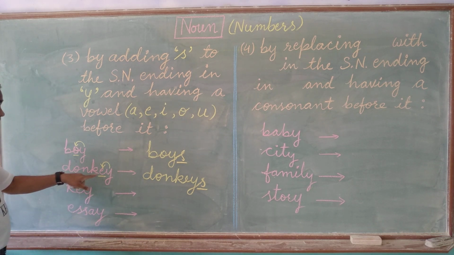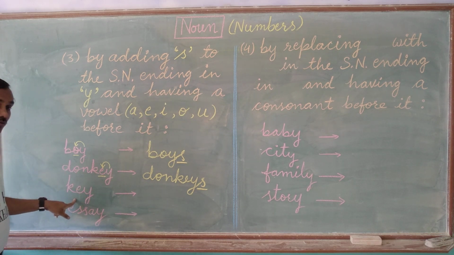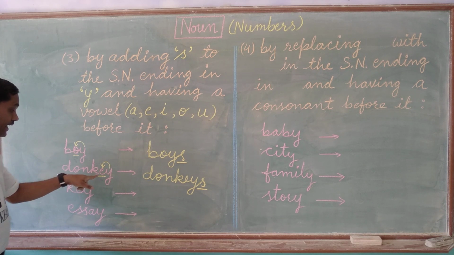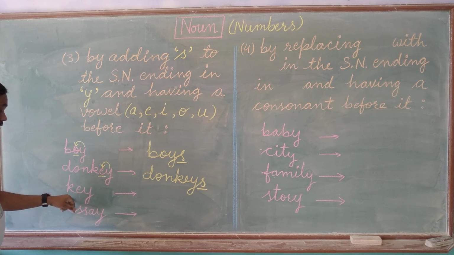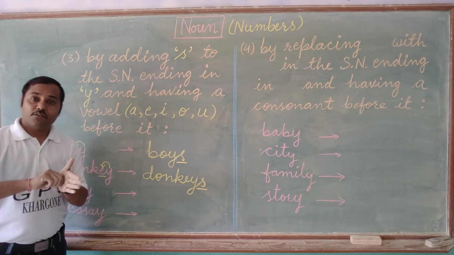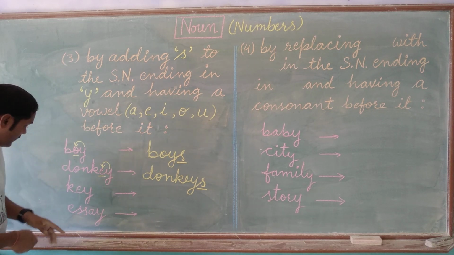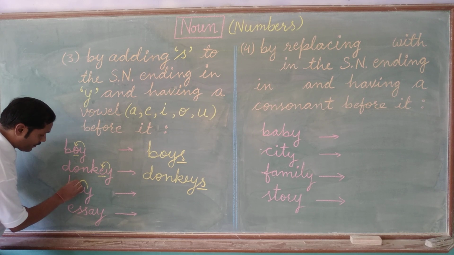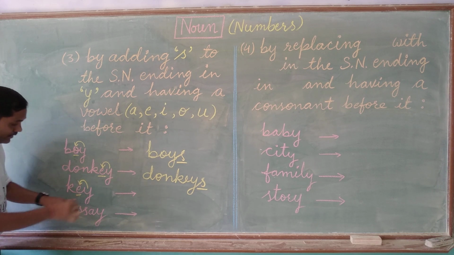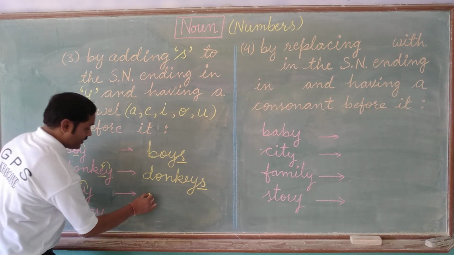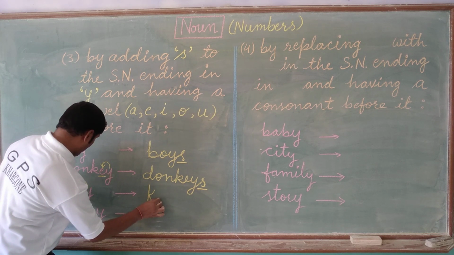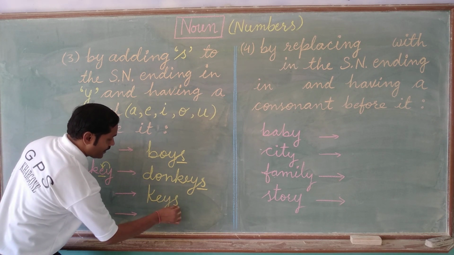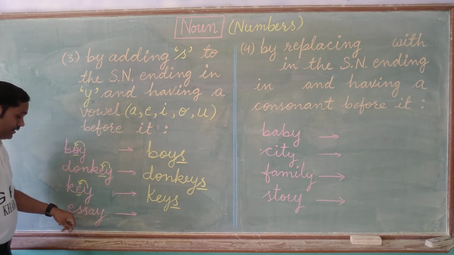Key, similarly, K-E-Y. Key for unlocking the locks. The spelling is K-E-Y. Again we have E just before Y, so nothing to do. We simply have to add S.